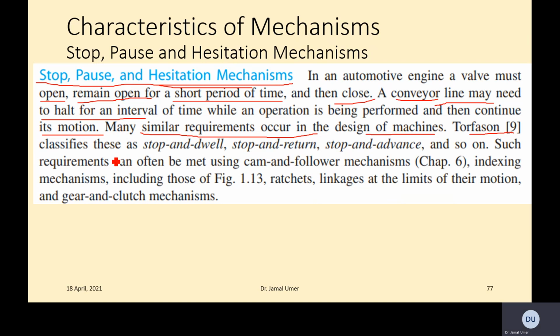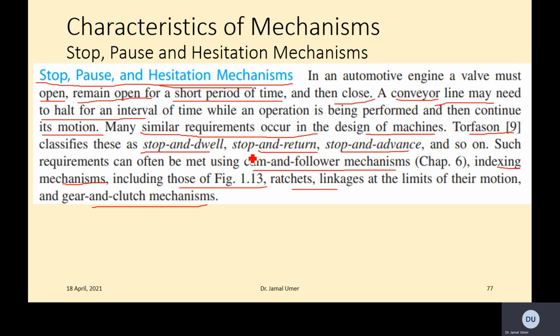Professor has done this classification like stop and dwell, stop and run, stop and advance, and so on. Such requirements can often be met using cam and follower mechanisms, indexing mechanisms, including those in the figure, ratchets, linkages at the limits of their motion, and gear and clutch mechanisms.